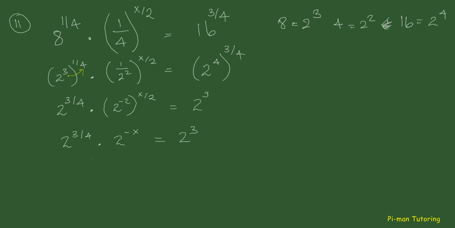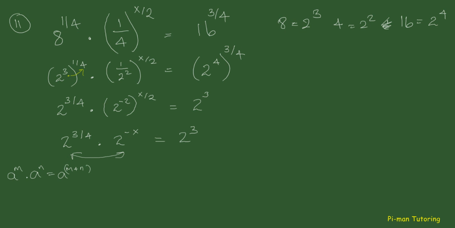Now be careful with this next step. We've got 2 exponents multiplied together with the same base, and our exponent rule for multiplying says that a to the m times a to the n is a to the m plus n.